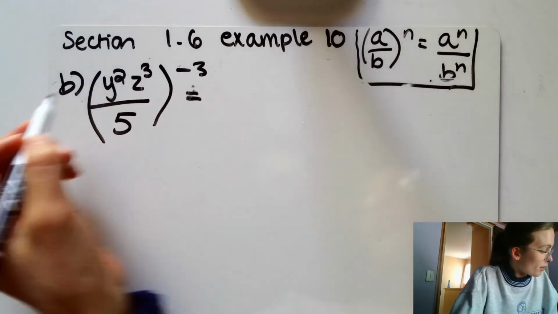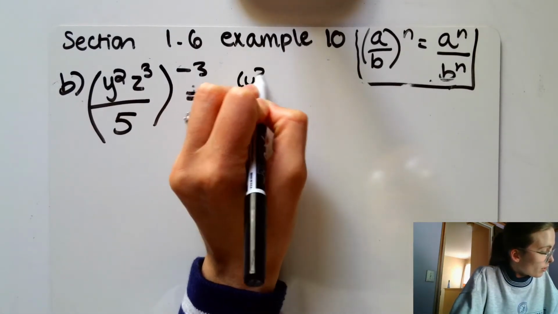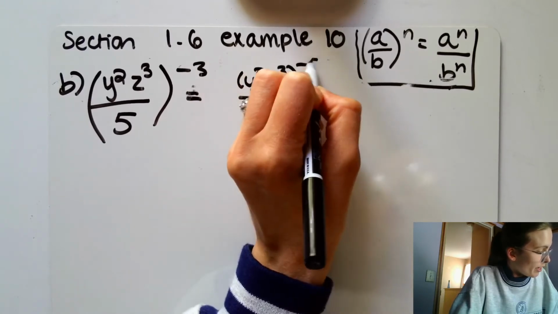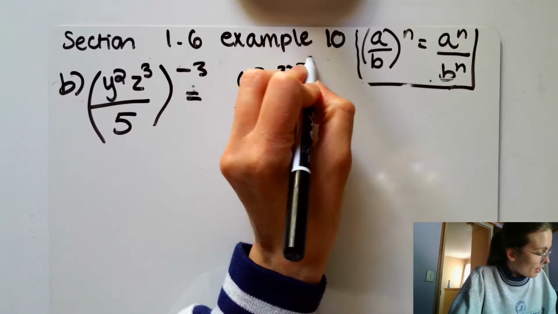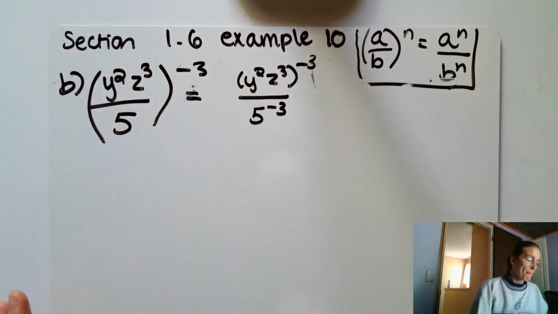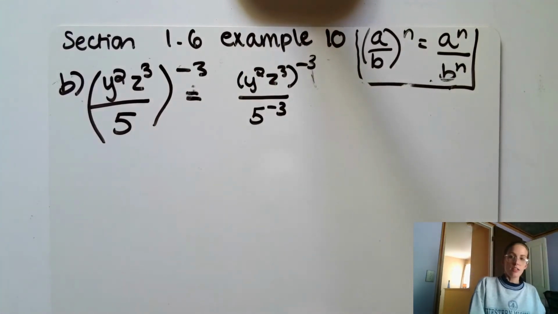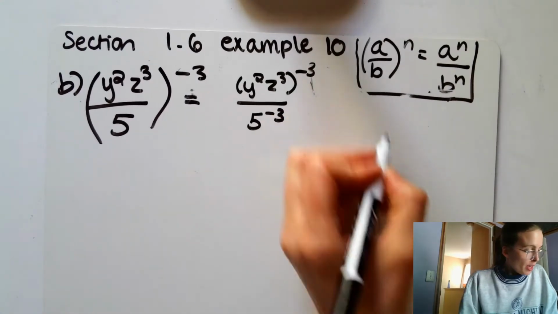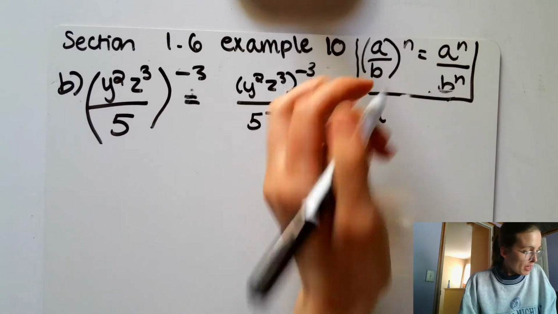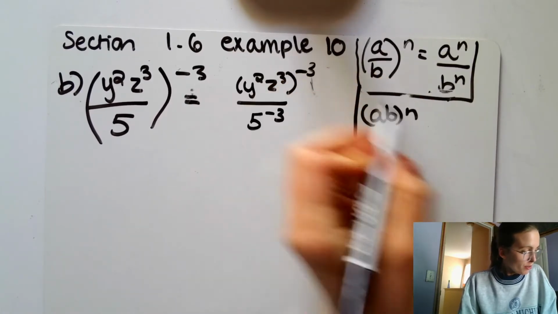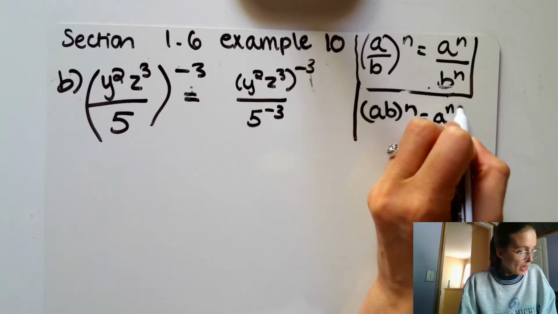So the numerator is y squared z cubed to the negative 3, and then we've got 5 to the negative 3 here. Then next we need to use this rule: ab, the nth power, equals a to the n, b to the n.